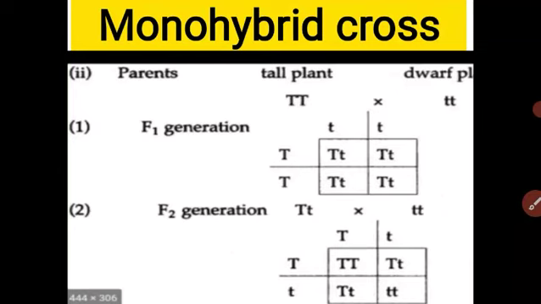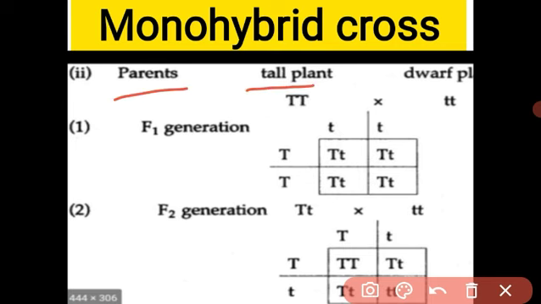One is tall and another is dwarf. Mendel first took the pure plants, the homologous characters. Homologous means the same pair of characters. He took the pure tall plant and the pure dwarf plant, and crossed them. What is the result?